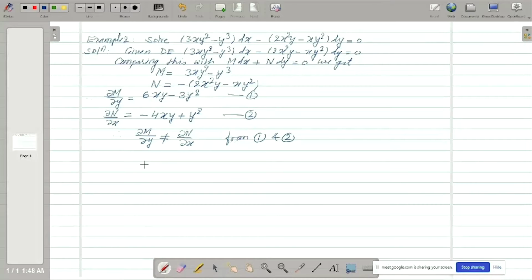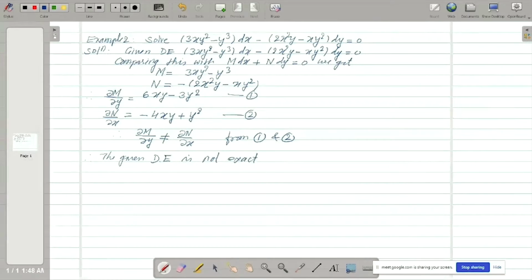So for this, we have to find the integrating factor. Therefore we can say that the given differential equation is not exact.